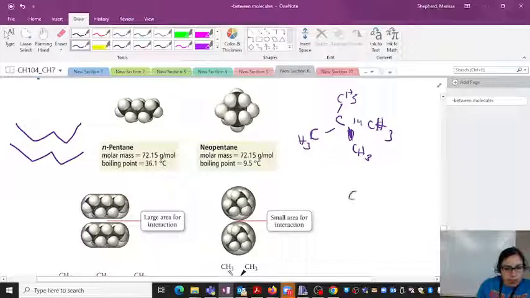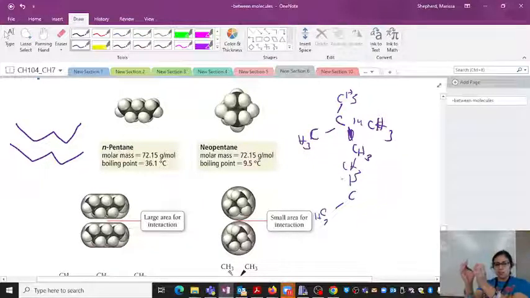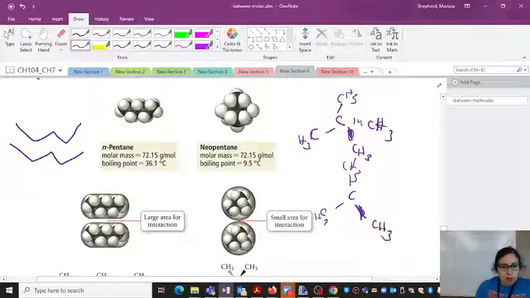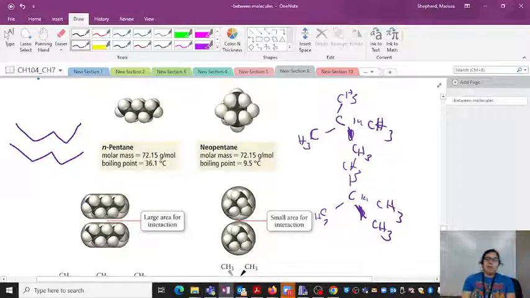And so if we think about how those are going to interact, you of course notice right away that there's a lot less surface area. So now you're trying to interact these two compact structures. And so again, as shown here, you have a small area for interaction. And so we would expect then pentane to have the higher boiling point. And yes, indeed, that is true.